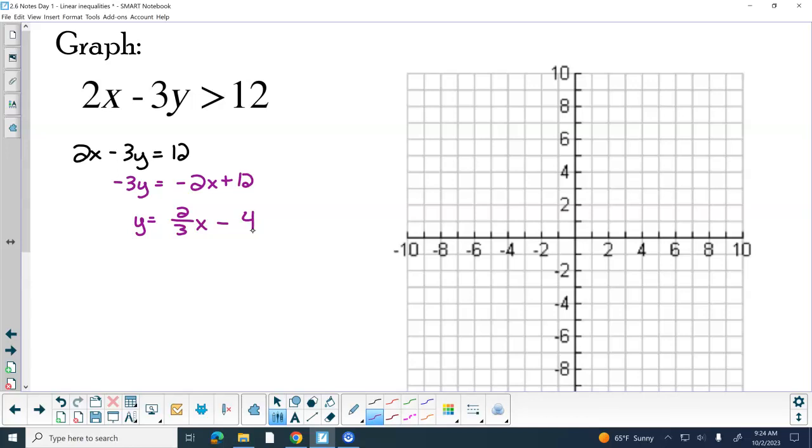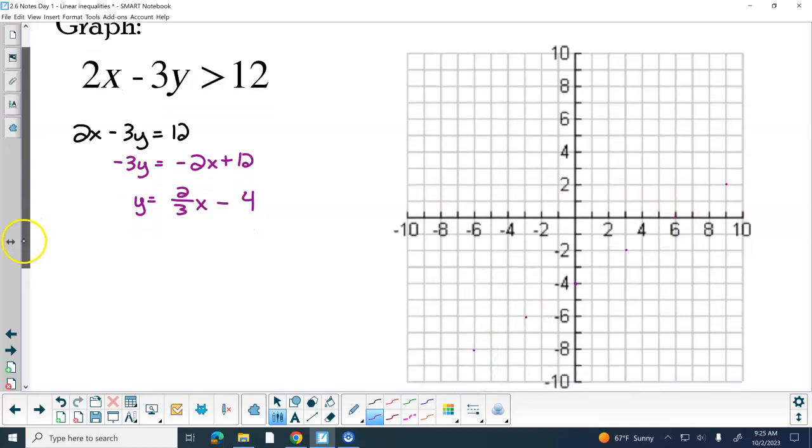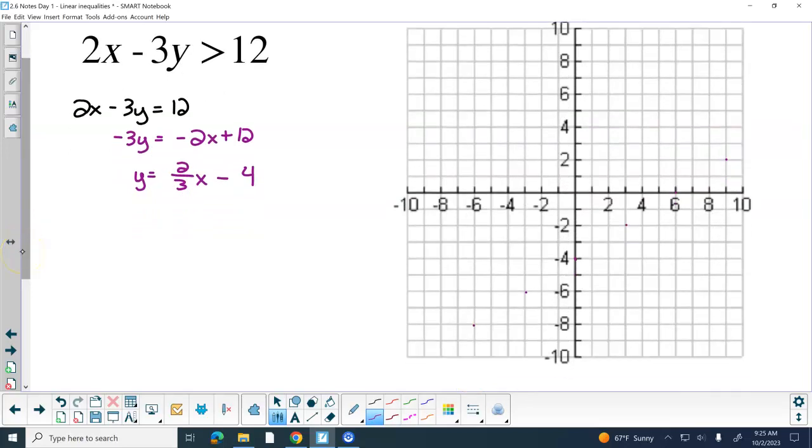So that would be a y-intercept of negative 4. Slope of 2/3 would be up 2, right 3, or down 2, left 3. Solid or dashed line? Dashed line for this one.